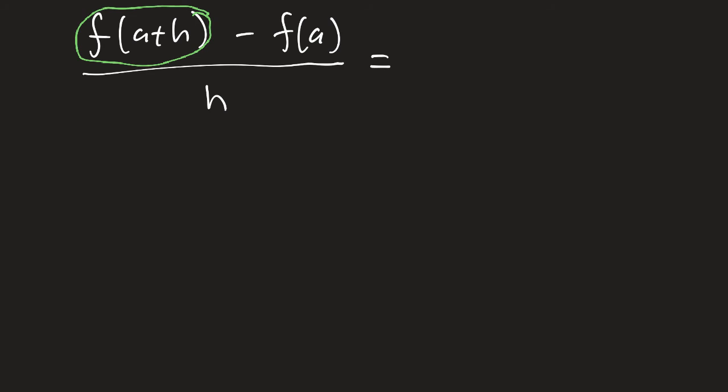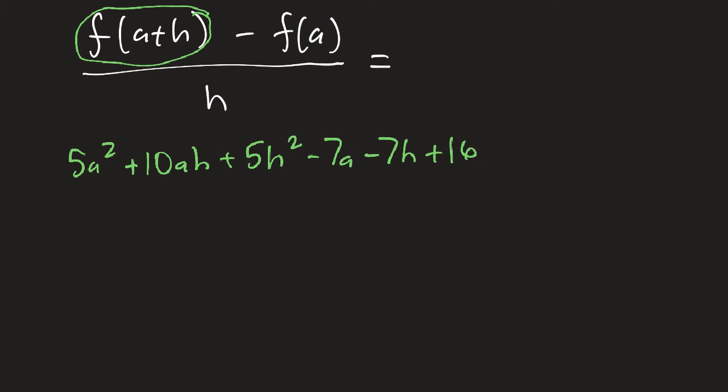So I had 5a squared plus 10ah plus 5h squared minus 7a minus 7h plus 16. That was all f of a plus h. It's kind of a long little dude there.